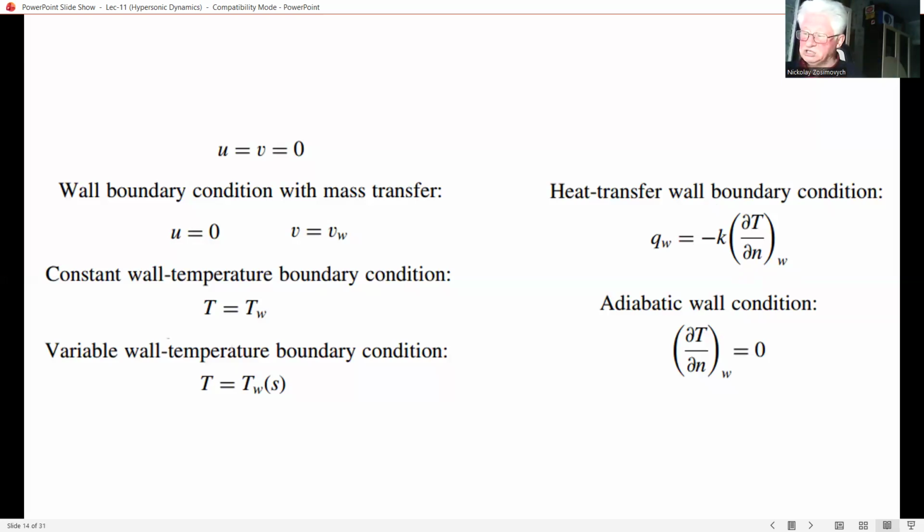And dT/dn is the normal temperature gradient existing in the gas immediately at the wall.